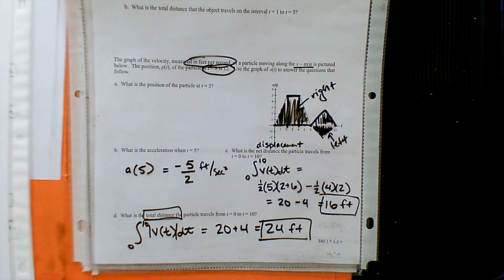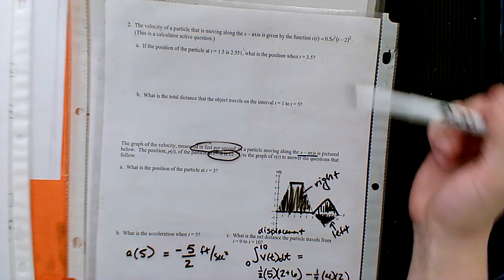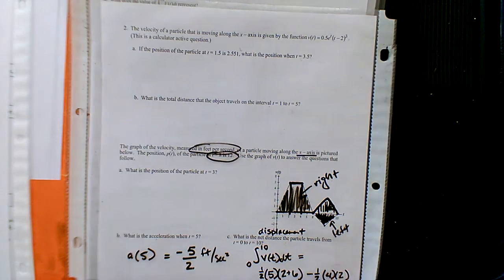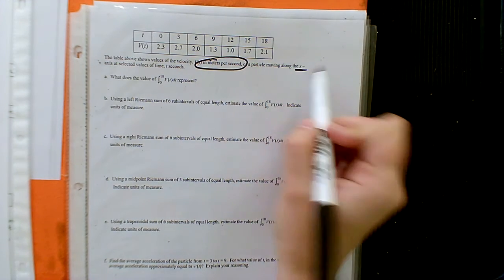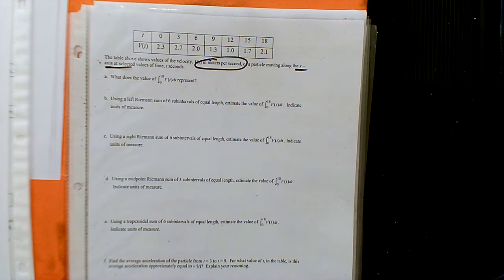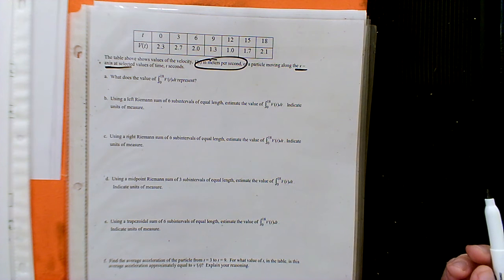Doing okay? I think we're doing great. All right. Instead of an equation like we did yesterday, and instead of a graph like we just did now, let's take a look at a table. The table above shows velocity, in meters per second, of a particle moving along the x-axis for some specific times. What does the value of the integral from 0 to 18 of velocity represent?